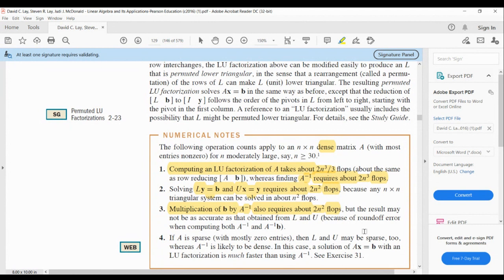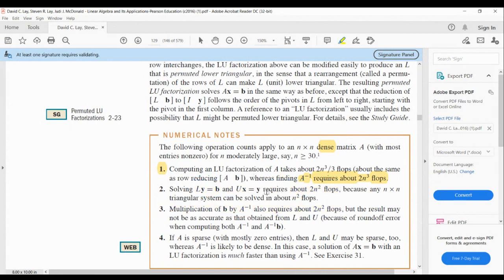So essentially, to use the inverse approach, to get the inverse takes 2 times n cubed flops, and then to multiply A inverse by B, that's the next step. I want to be as clear as possible.